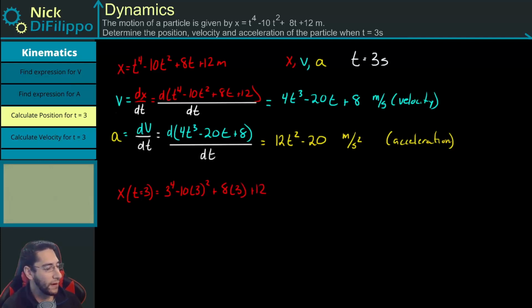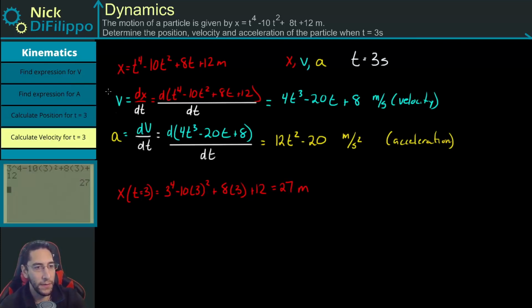If we put that in our calculator, this is equal to 27. So we're at x is equal to 27 meters.